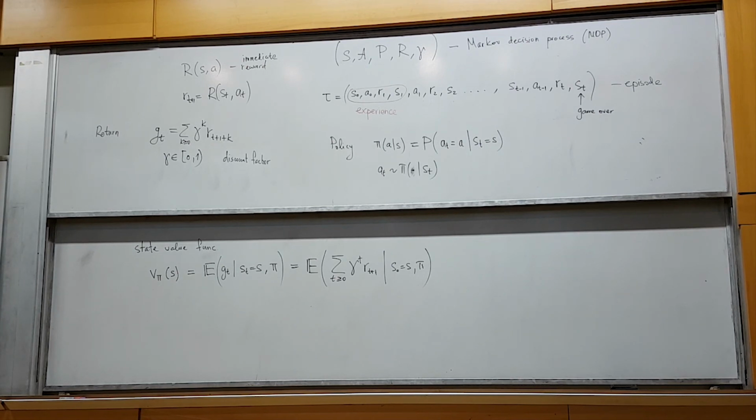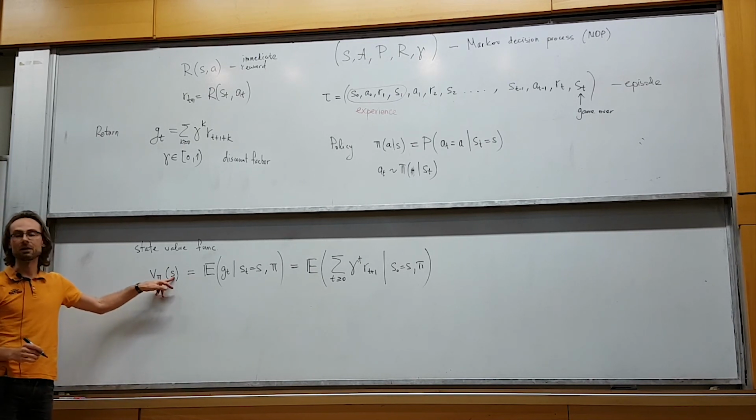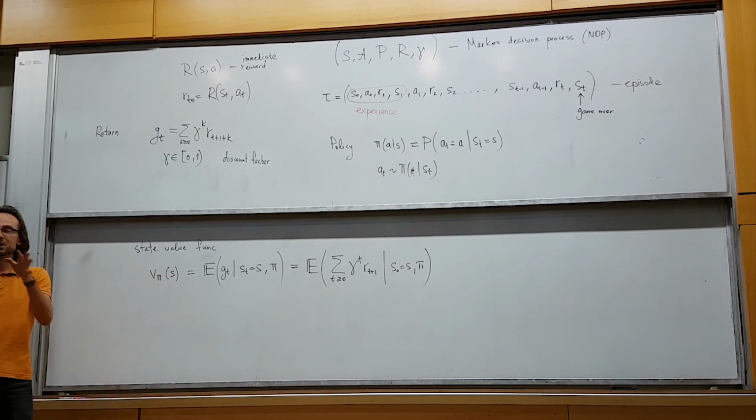Now this is the state value function. It tells me, under the given policy pi, what is the expected reward if I start my process at state S. I can also define a value function that starts with a state and a specified action.